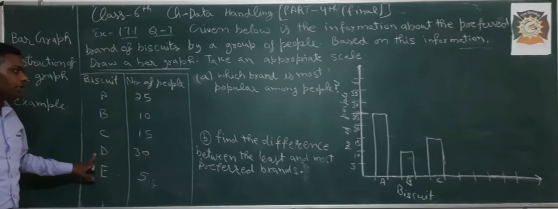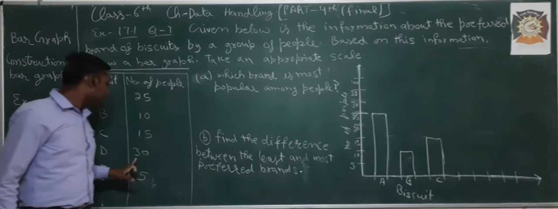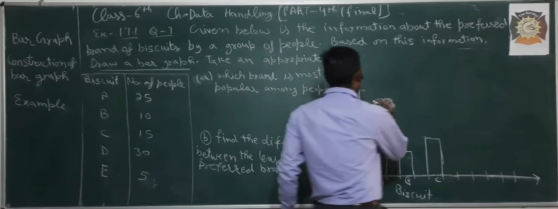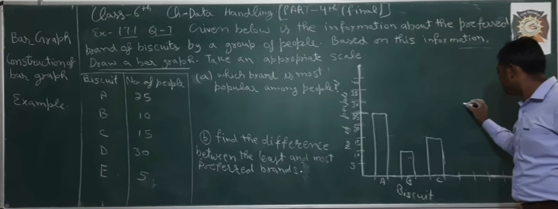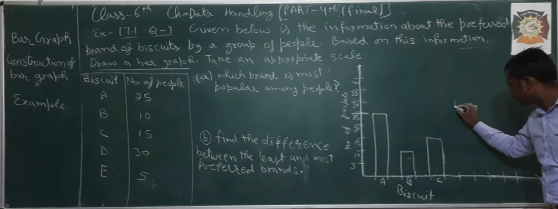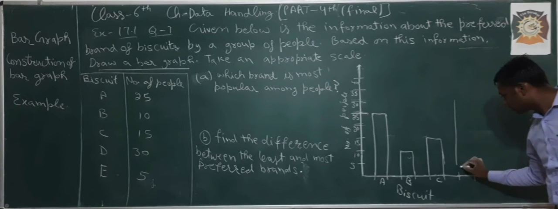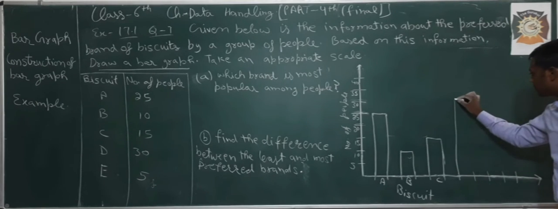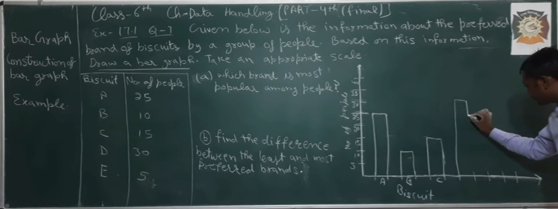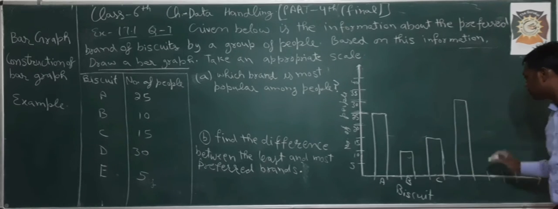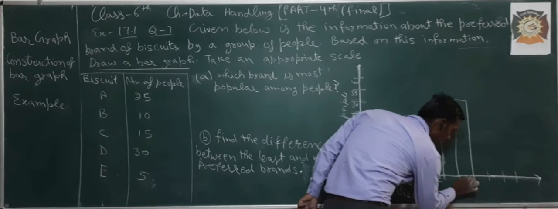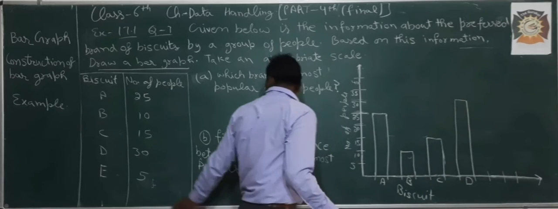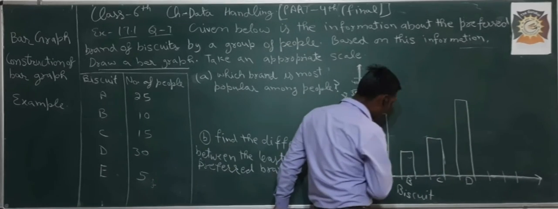Next our brand is D, which is liked by 30 people. Now we have to draw a bar which is liked by 30 people, brand D. And the last brand of biscuits is E, which is liked by 5 people.